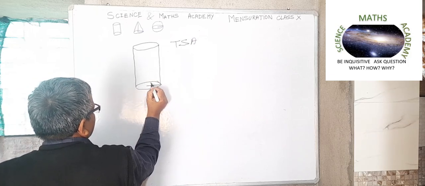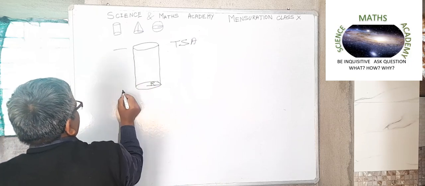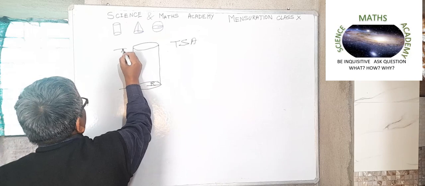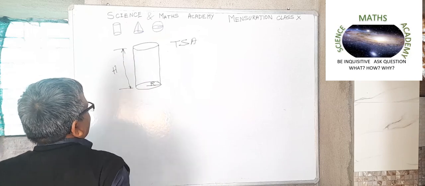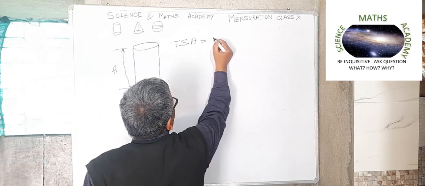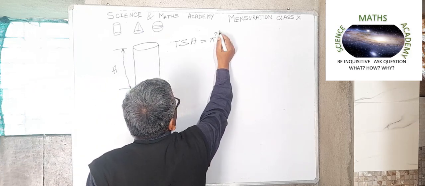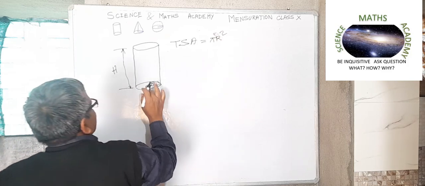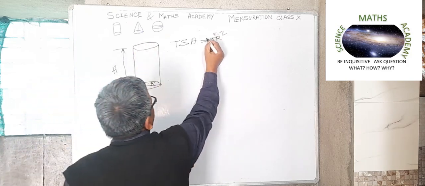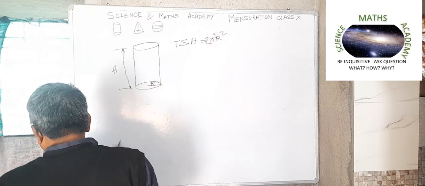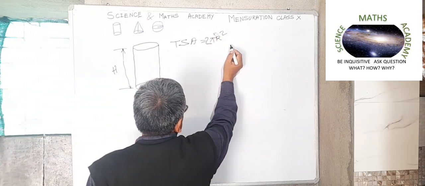If this is r and this is h, this area is pi r square. This area is also the same, so top and bottom give 2 pi r square.